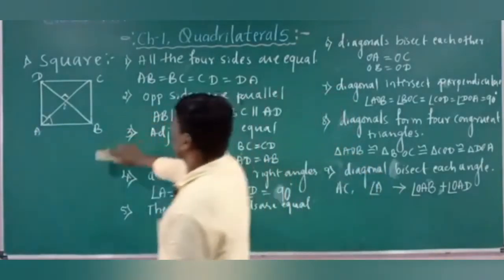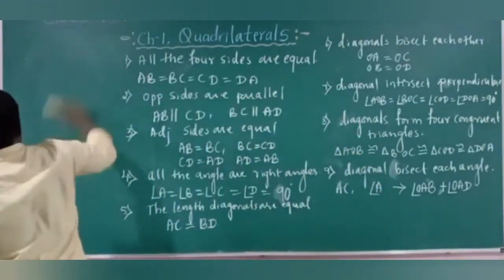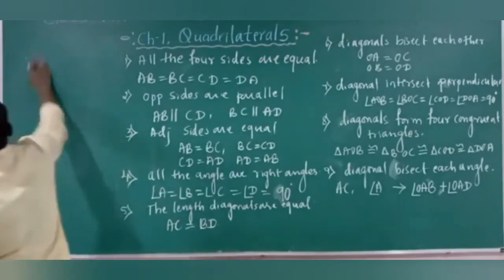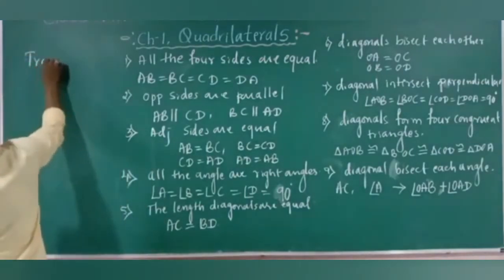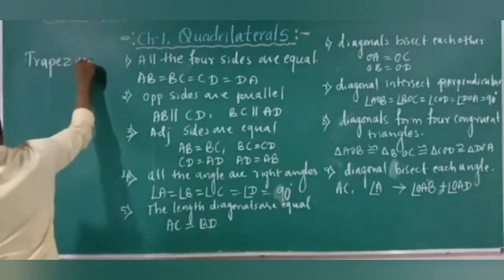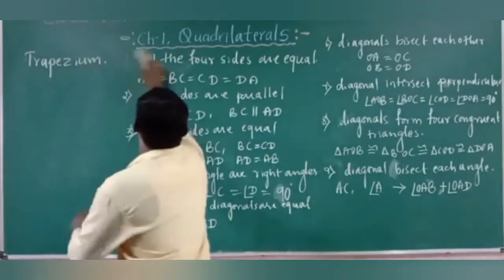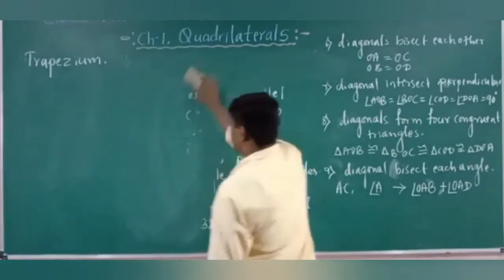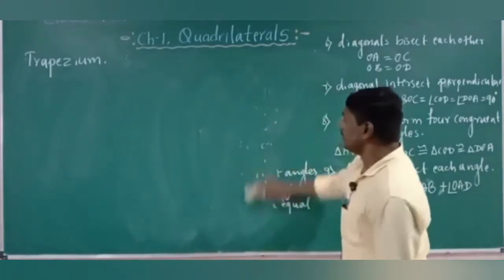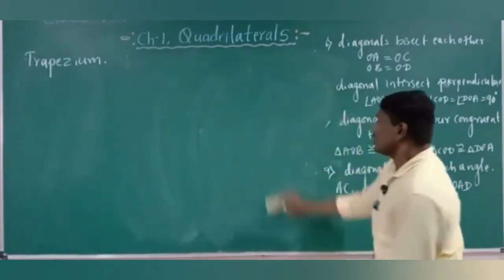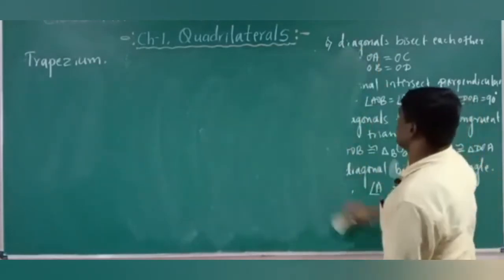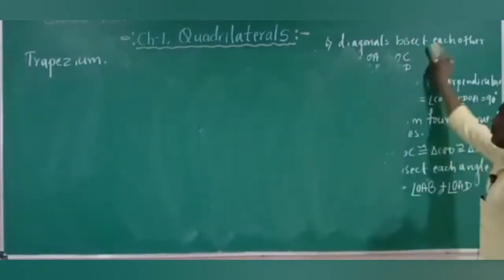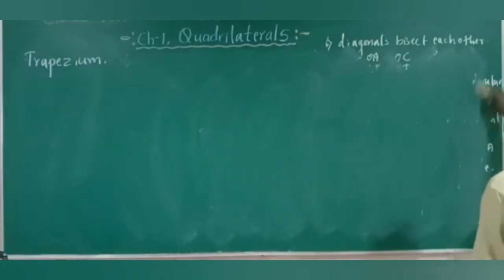Next one, take the next quadrilateral, that is trapezium. So trapezium means what? Trapezium is also a quadrilateral in which one pair of opposite sides are parallel.